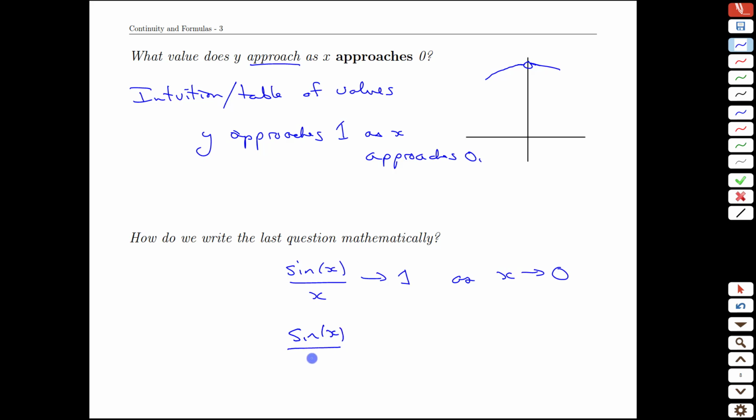The way that we'd more explicitly say it is sine x over x in the limit as x approaches 0 is equal to 1. So that's answering the question, if I were to sneak up on x equals 0, what value would I end up at if I got as close to x equals 0 as I liked? I would be getting closer and closer to a value of y equals 1. And so that phrasing and this notation is what we're going to use moving forward.